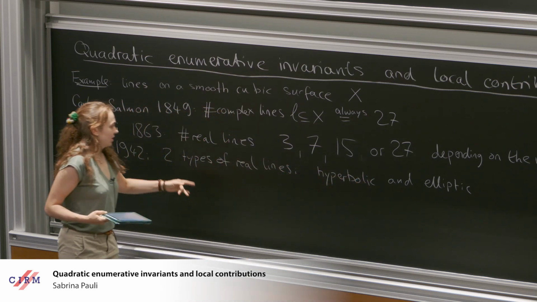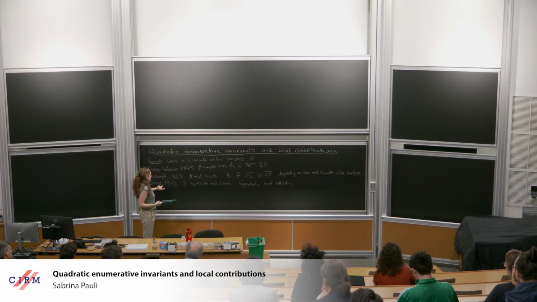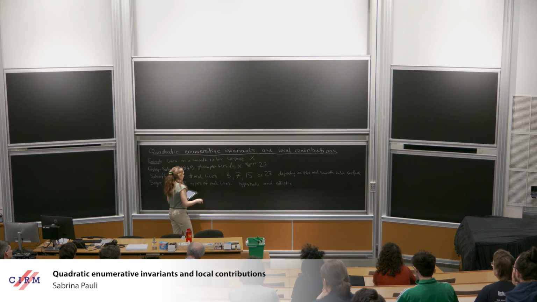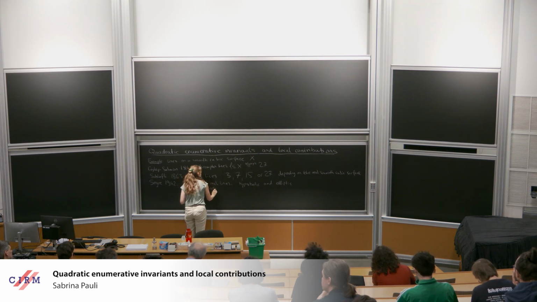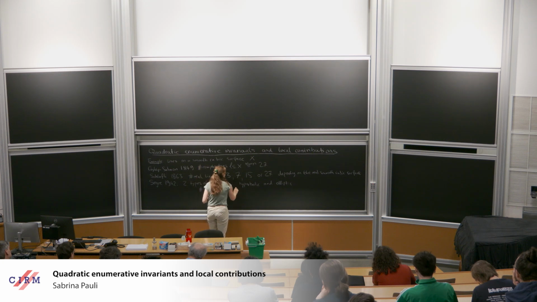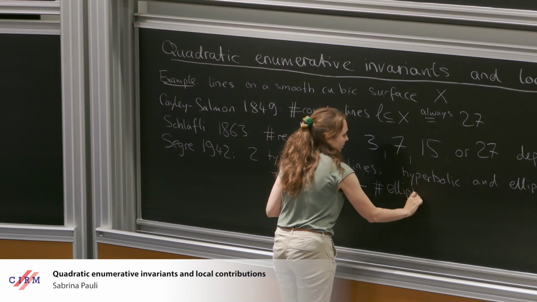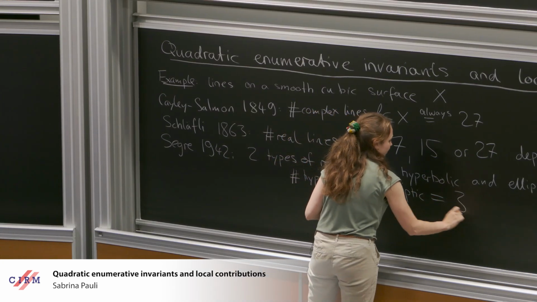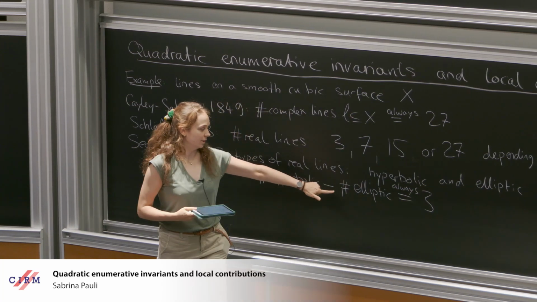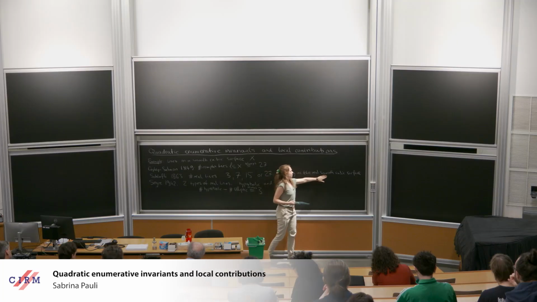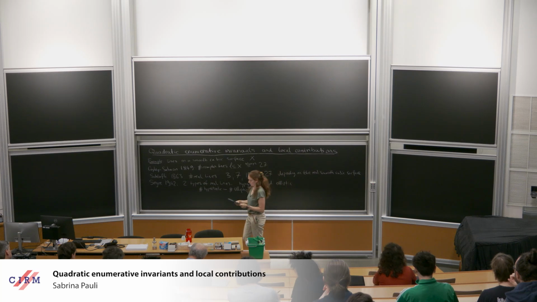And we actually don't know if he actually saw the following, but it follows directly from his work that the number of hyperbolic lines minus the number of elliptic lines is always 3. So here I can put always again. And this is now independent of the smooth cubic surface you pick.